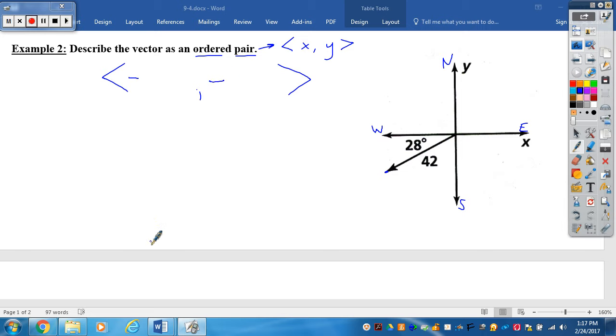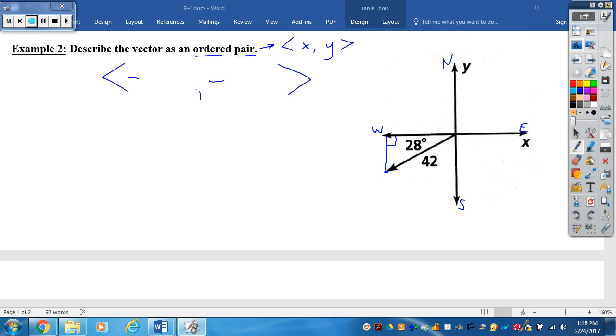All right, so from there, we're going to use trig here. Go ahead and form your right triangle. Like I said, we're going to form a right triangle to come up with the trig here.